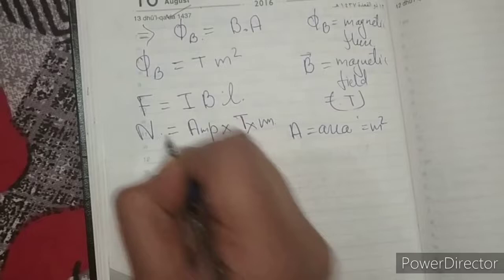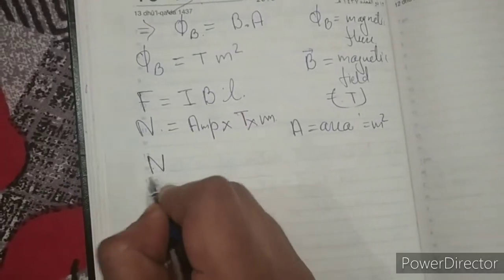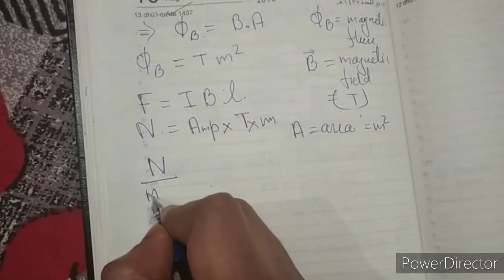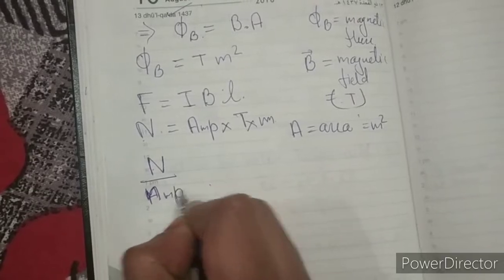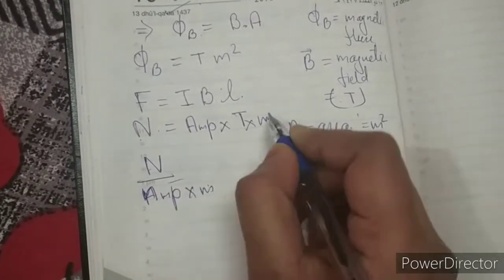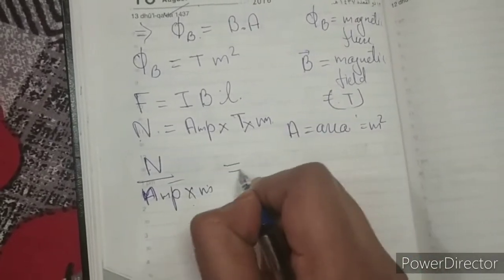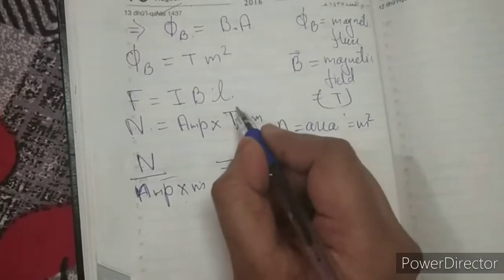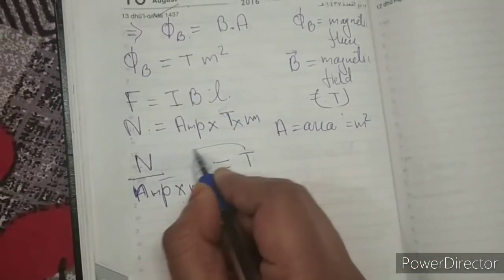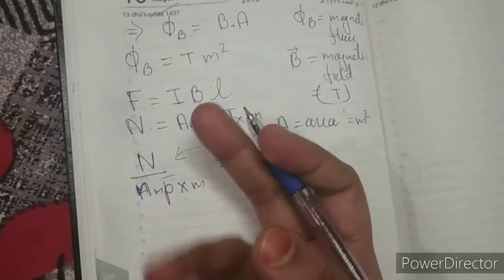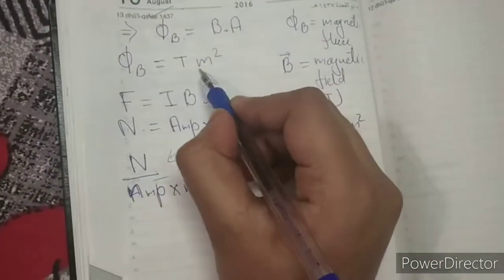The SI unit of force is Newton. So can I write Newton upon ampere into meter, putting all the things in the denominator, and this is equal to Tesla. We convert Tesla in terms of other SI units because we don't have the option Tesla into meter square.